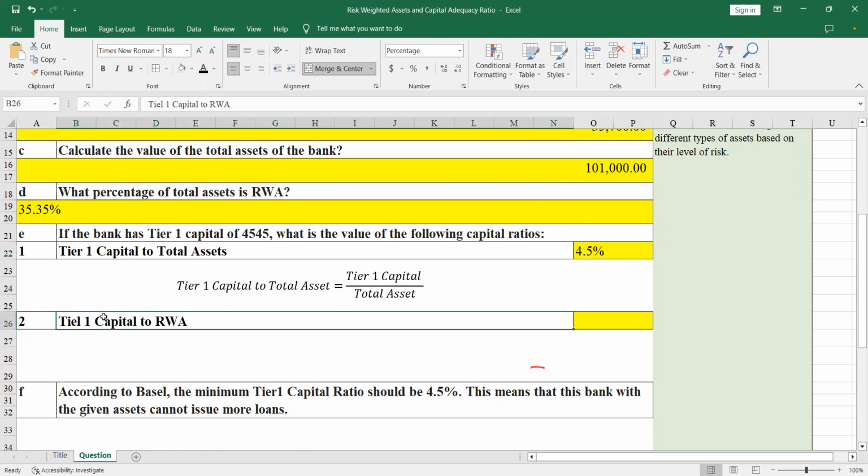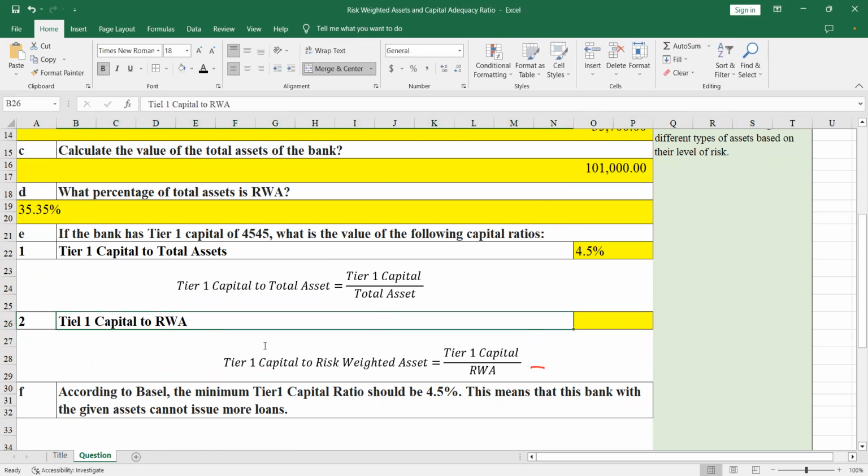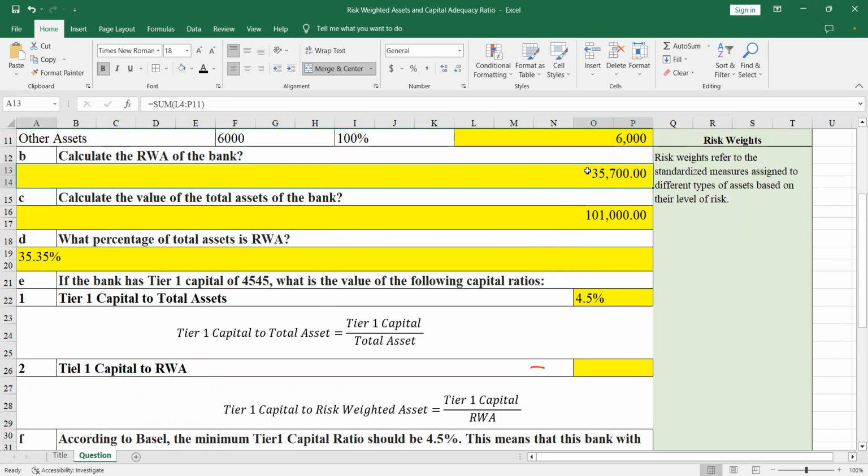Now, the next formula is tier 1 capital to risk-weighted assets. This will become tier 1 capital divided by the risk-weighted assets. So we know the risk-weighted assets of this bank are 35,700. What we do is the tier 1 capital divided by 35,700, we get 12.7%.